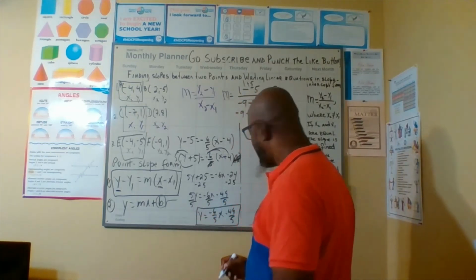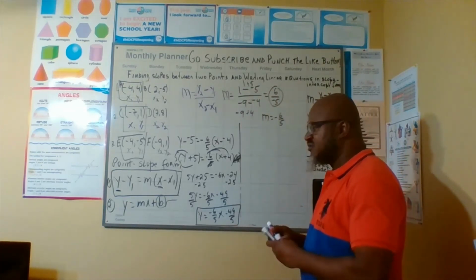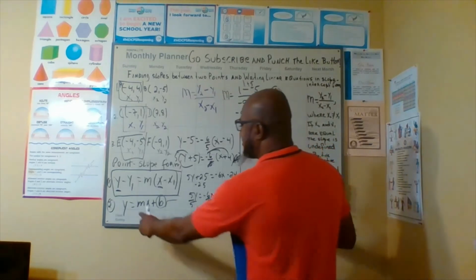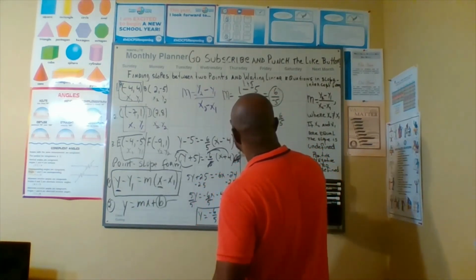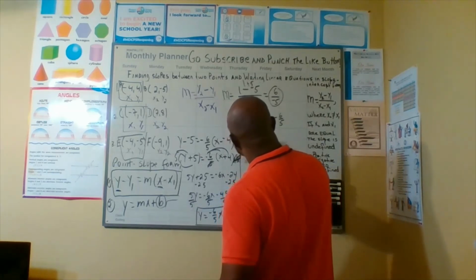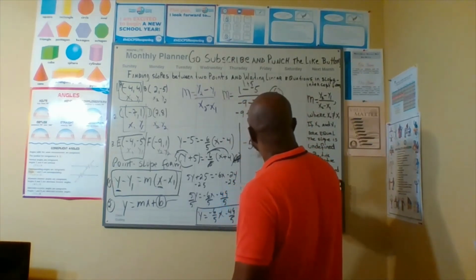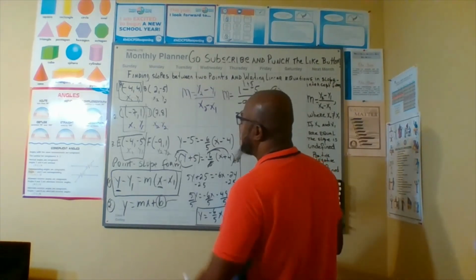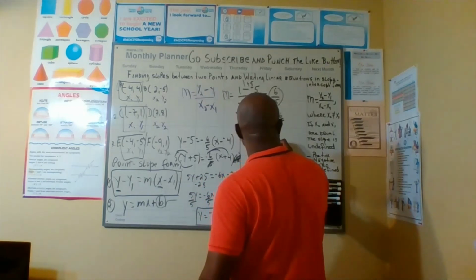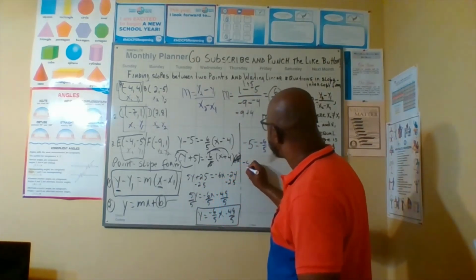I'm giving you both options, so you will pick the one that you feel most comfortable with. Yes, I'm going to replace my y. In this case, my y is -5. I'm going to replace my slope. My slope is -6/5 times x which is -4 plus b. So let's simplify things out. You will have -5.